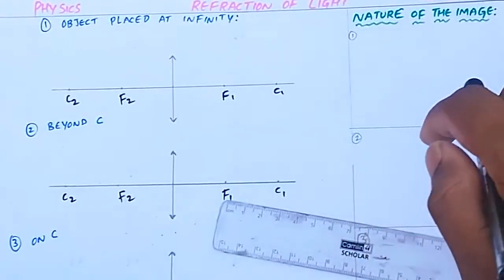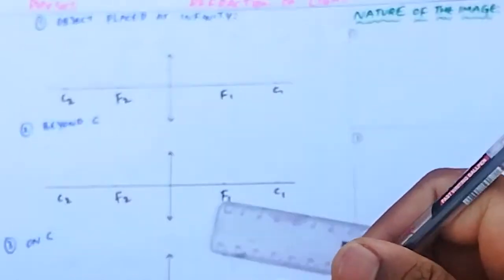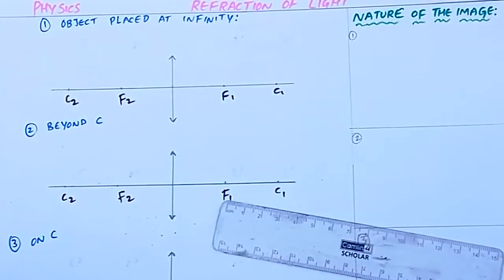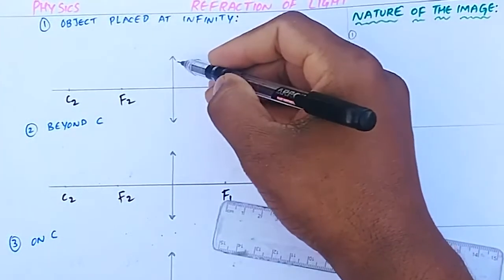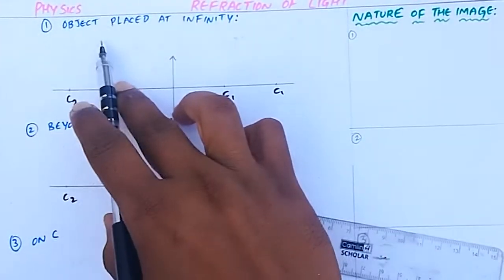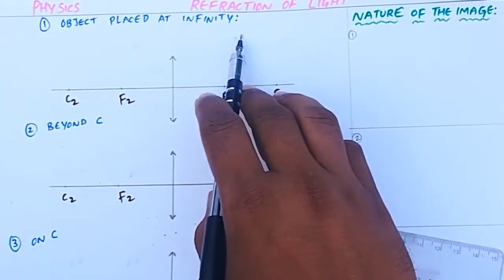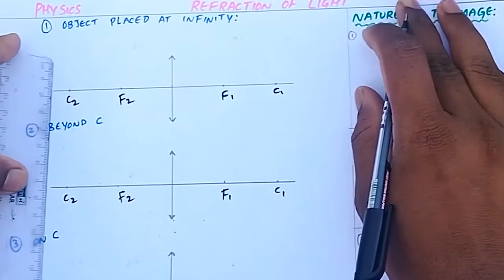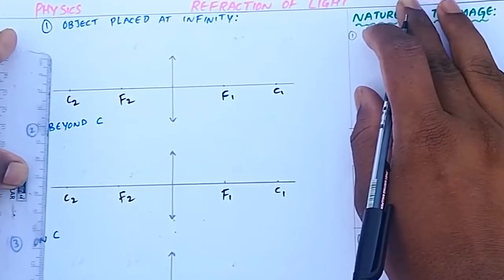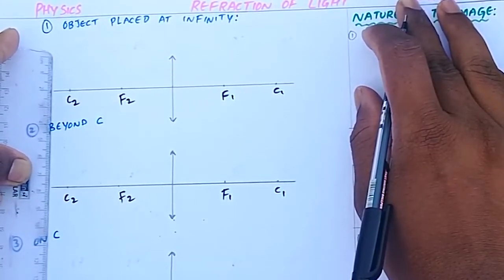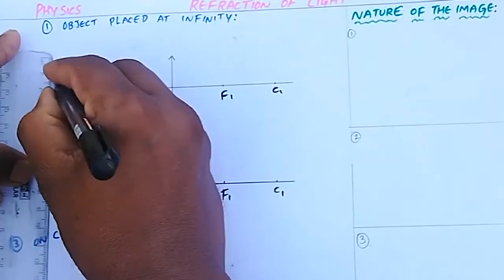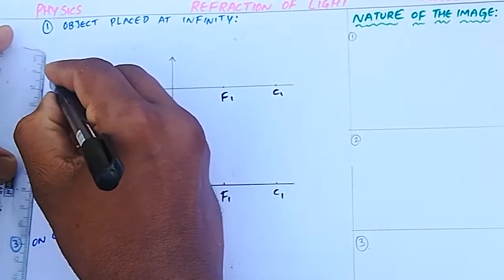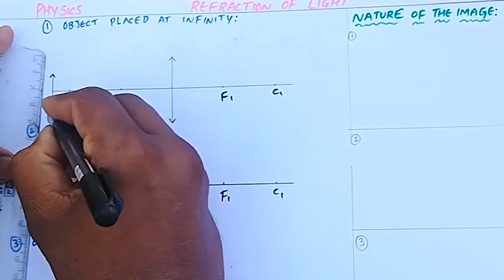Okay viewers, now drawing the ray diagrams for the convex lens. So this is the lens representation, I already explained. First position, when the object is placed at infinity. How to draw ray diagrams? Suppose it is placed at the infinity position, I am taking 2 centimeters as object size.